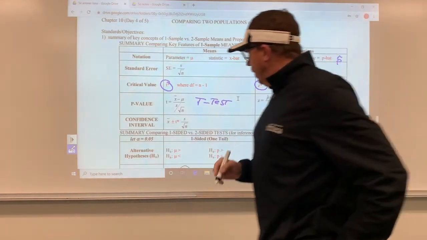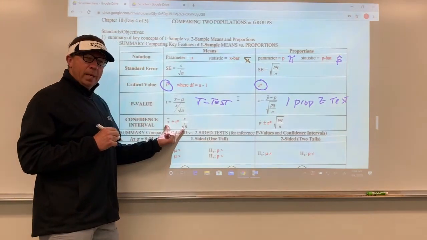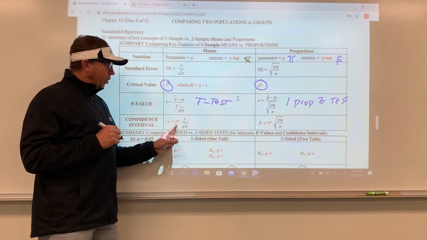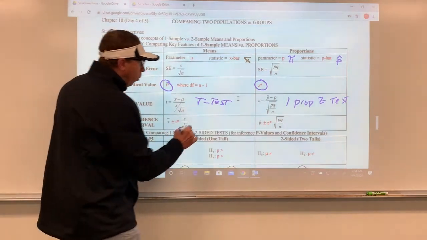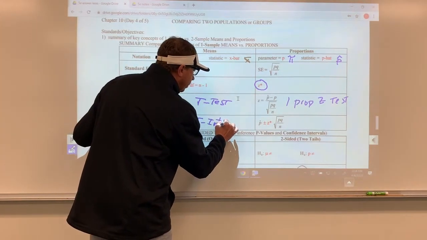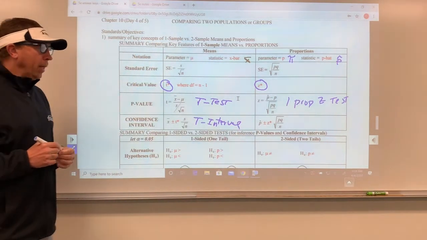All right, for the confidence interval, you're looking for the reference number being in here or not in here. That's going to be x bar plus or minus t star times s over the square root of n. And again, you're probably going to do it with the t interval function on the calculator, would be my guess.